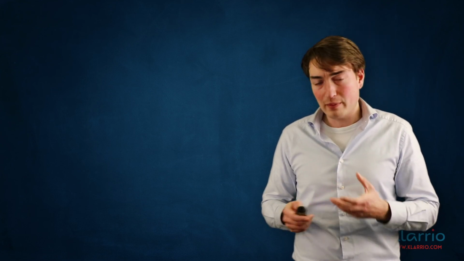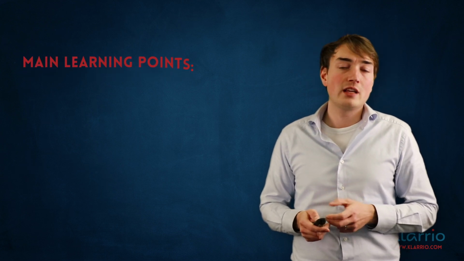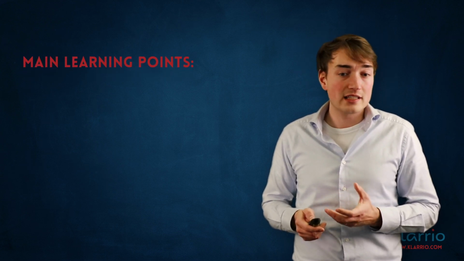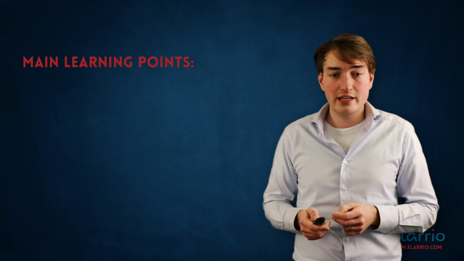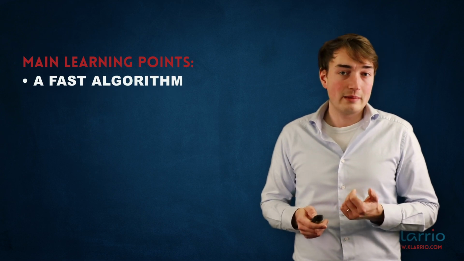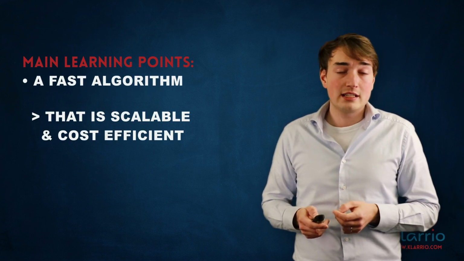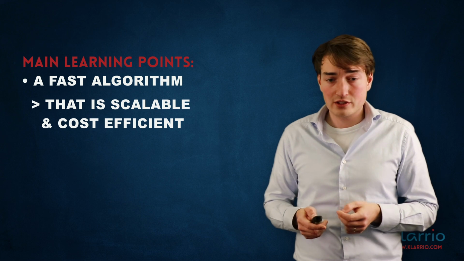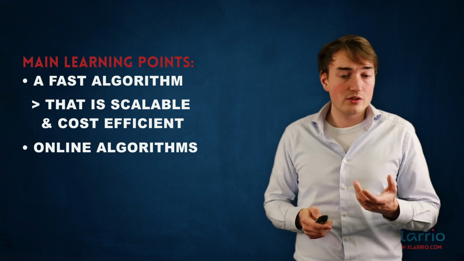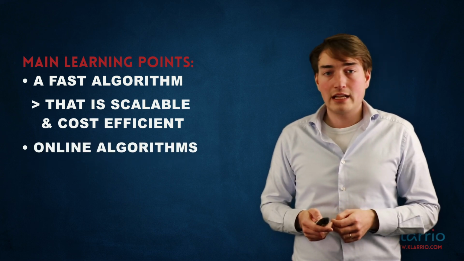The main takeaway of this talk is that if you have loads of real-time data and you want decisions on your data as fast as possible, you need at least a fast algorithm that is scalable and cost efficient. Then you should try to implement online algorithms.